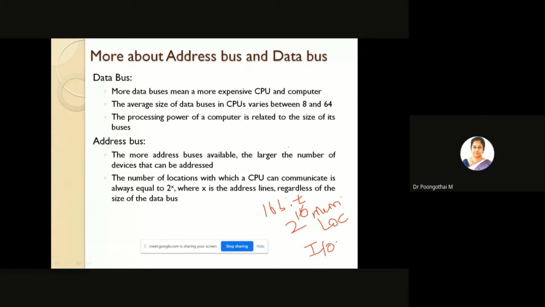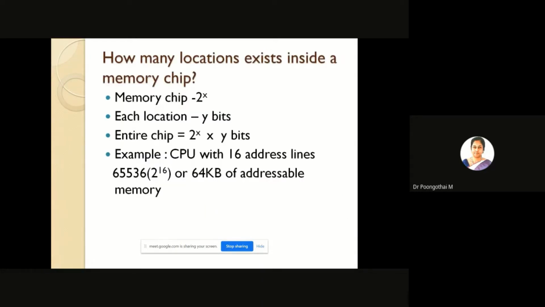The number of locations with which a CPU can communicate is always equal to 2 power x, where x represents the number of address pins on the chip. So how do you identify how many locations exist inside the memory chip?